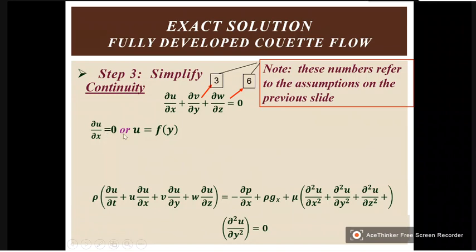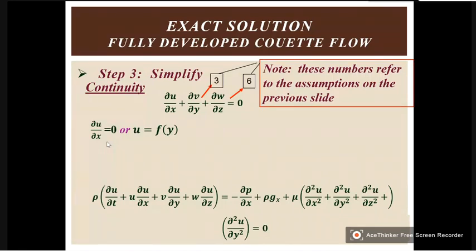Now what is the meaning of this? Dou u by dou x is equal to 0. That means u is not dependent on x. u is not a function of x. Because any function of x, when differentiated with respect to x, will not give zero value.